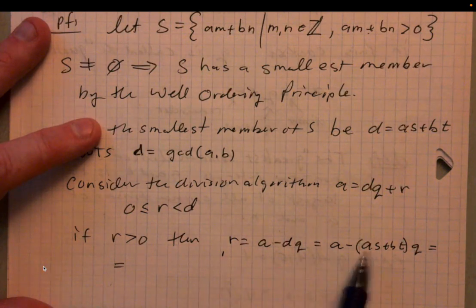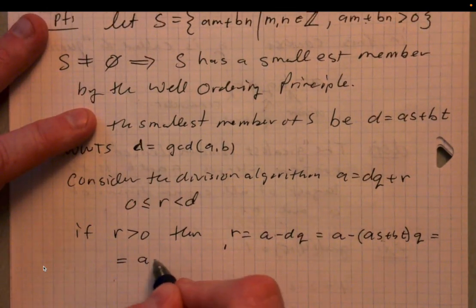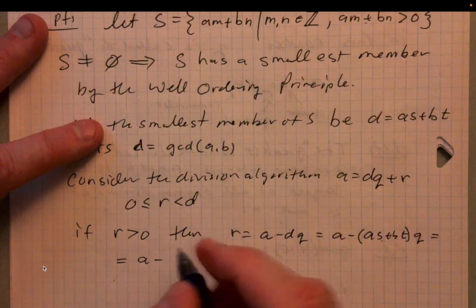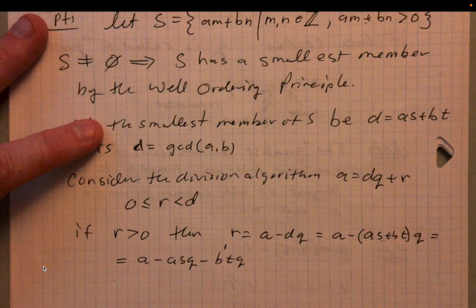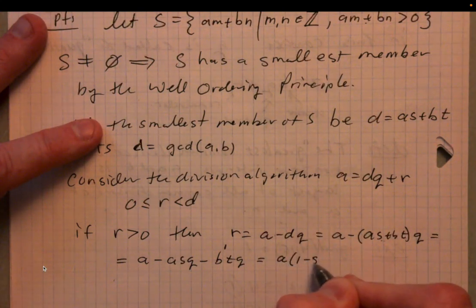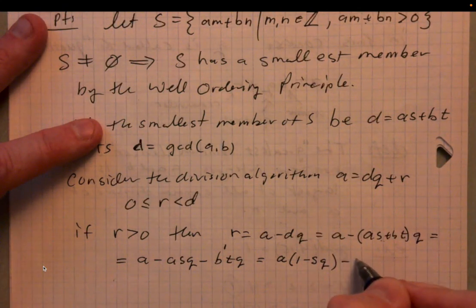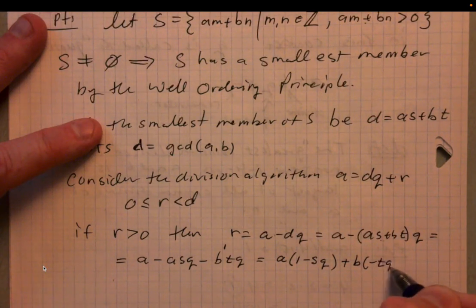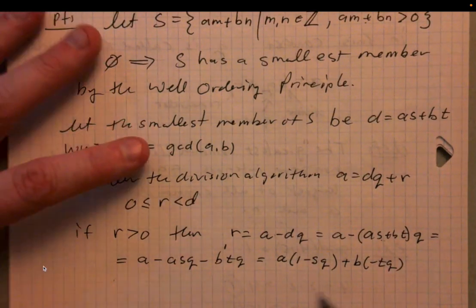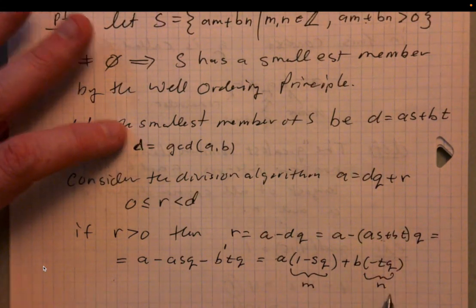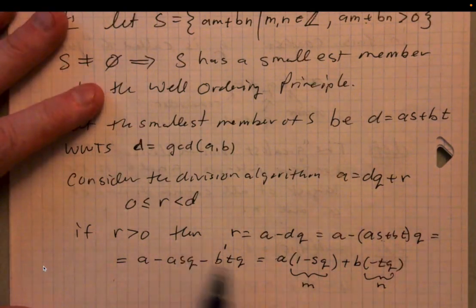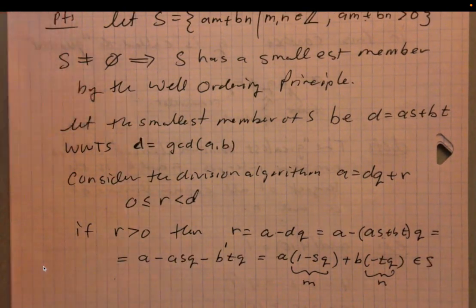Doing a little algebra, we'd get a minus asq minus btq. We could do a little factoring here. This is pretty straightforward. a times 1 minus sq plus b times negative tq. This is just your m, and this is just your n. So this is am plus bn, we've got that form. And so that means that r is in S.